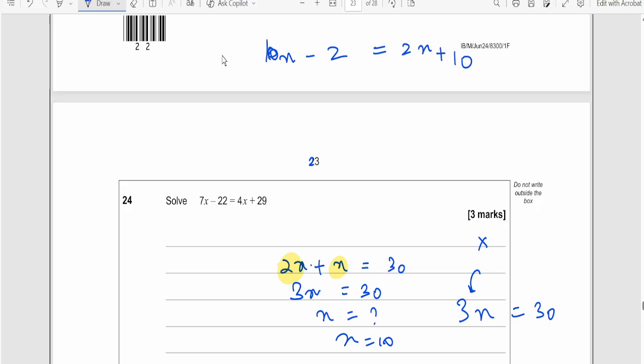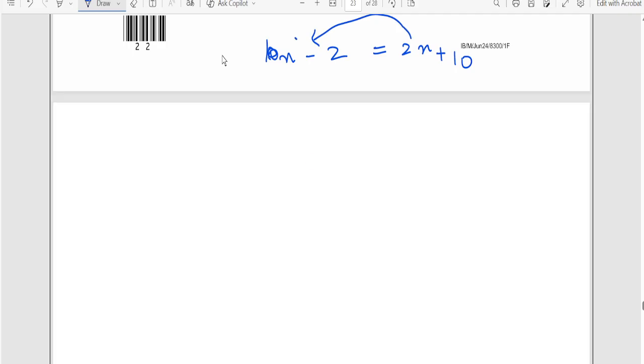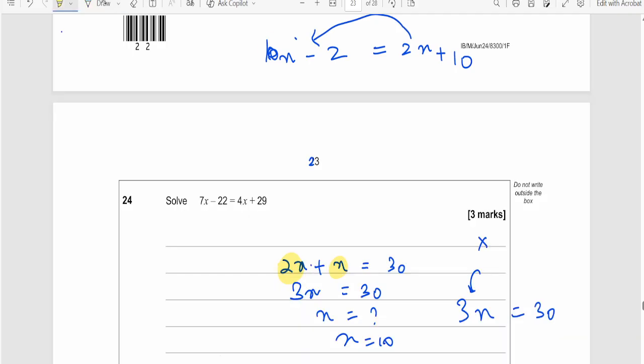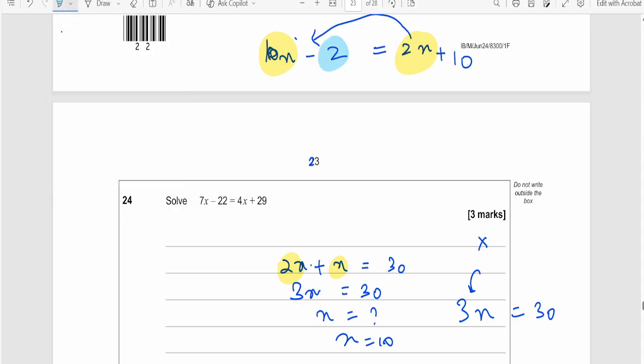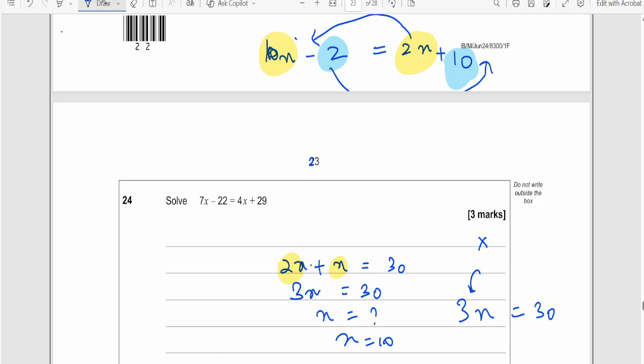No, I mean for the first one. See, first what you did, you took this 2x to this side, right? Because these two terms are like terms, 10x and 2x, so they should be on one side. And these two numbers should be on one side. What we do, we move this number to this side and this number to this side, okay?